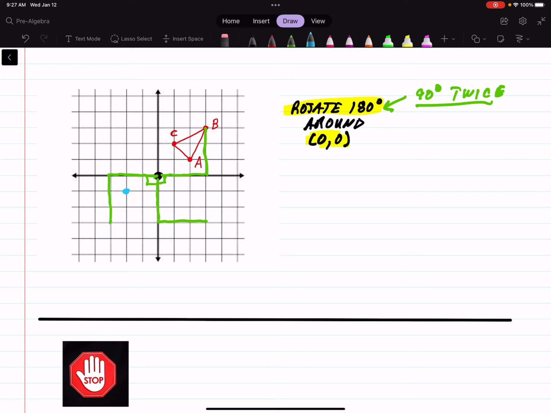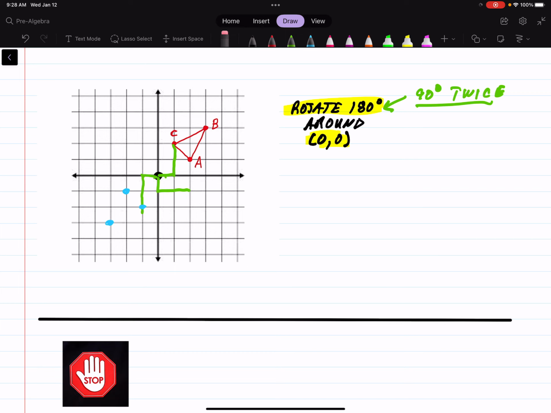So point B is going to be right here. Now I erase those lines and do the last one. We'll do point C, over 1, up 2, over 1, up 2, over 1, in this case down 2, and my point would be right here.